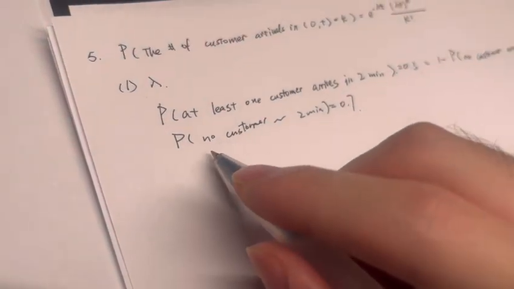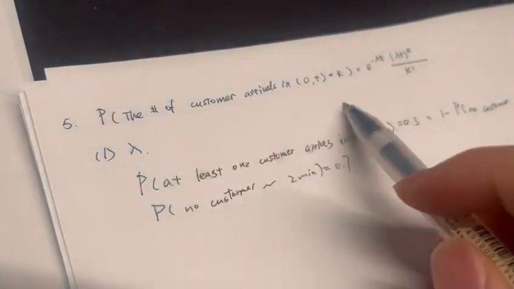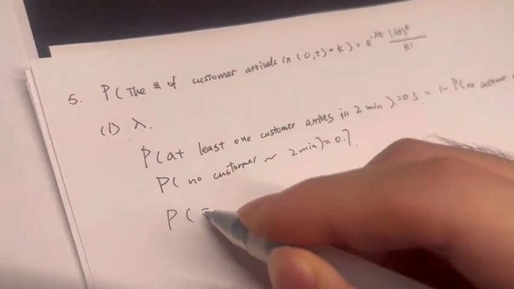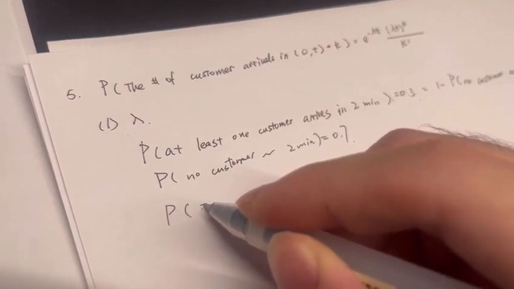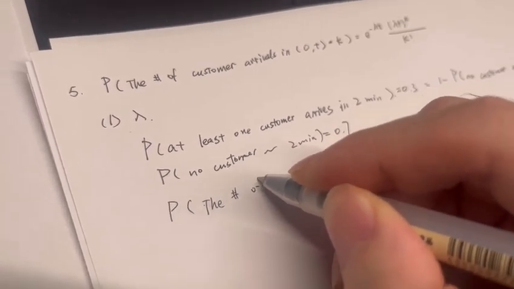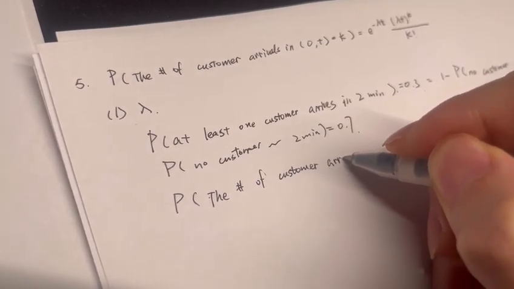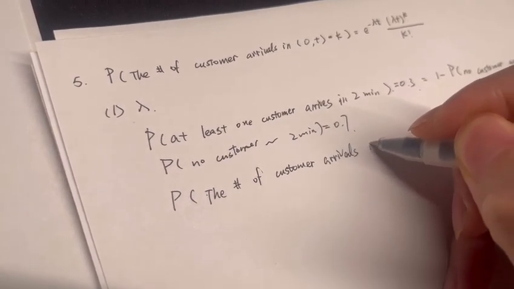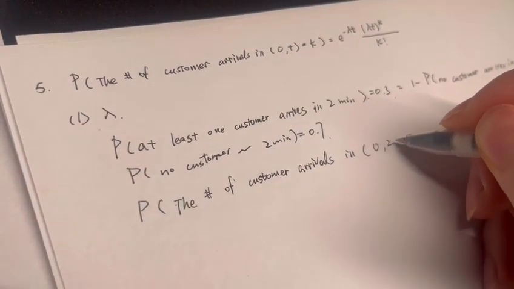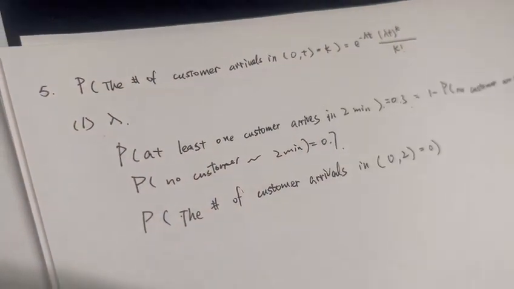This can also be written as the probability that the number of customer arrivals during 0 to 2 minutes equals 0.